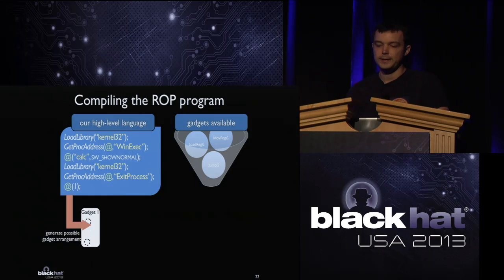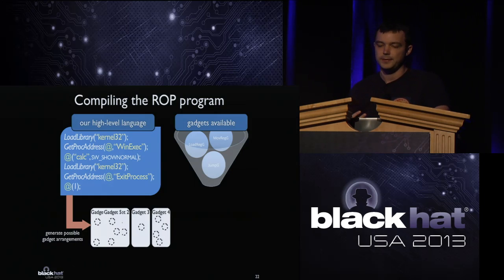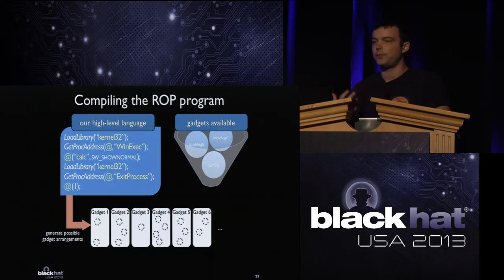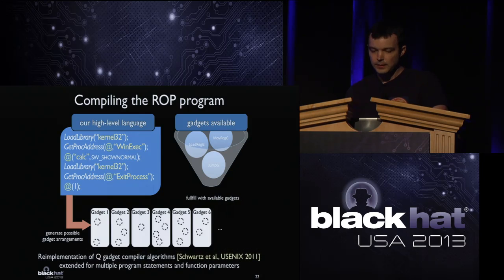So the way we do that is we look at each program statement and note that there's any number of ways that we could potentially combine all the gadgets that we've actually found to perform the actions in each of these lines. So what we do is generate all the possible gadget arrangements that could fulfill what's needed, and then we look at the gadgets that we have available. And we use algorithms similar to those used in the Q gadget compiler to do this.